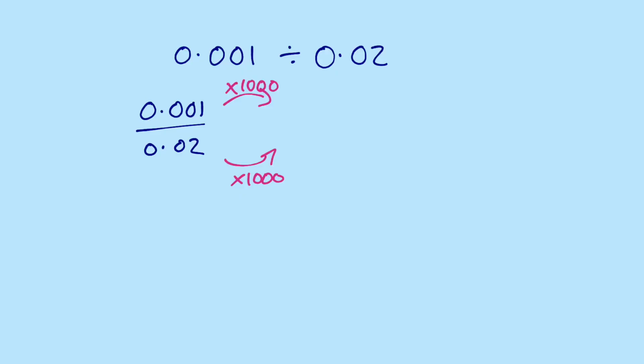So that gives me 1 over 20. You can see the difference with this one is the bottom is bigger than the top. Therefore, this will not give me a whole number answer. However, in maths, it's just as appropriate to leave the answer as a fraction. So my answer is 1/20th.